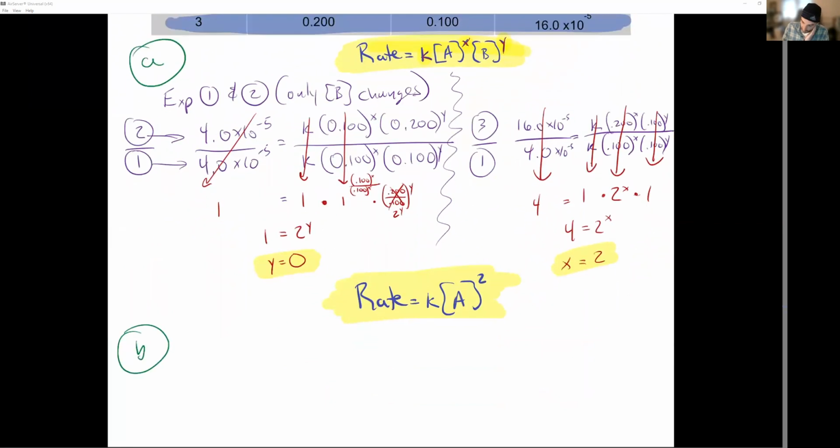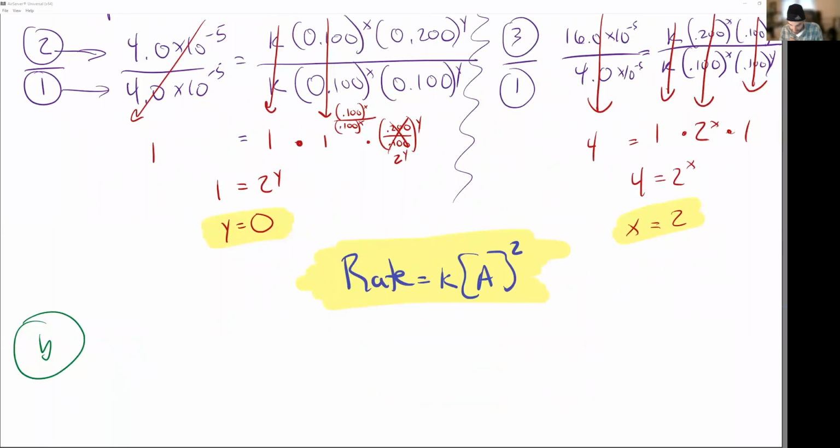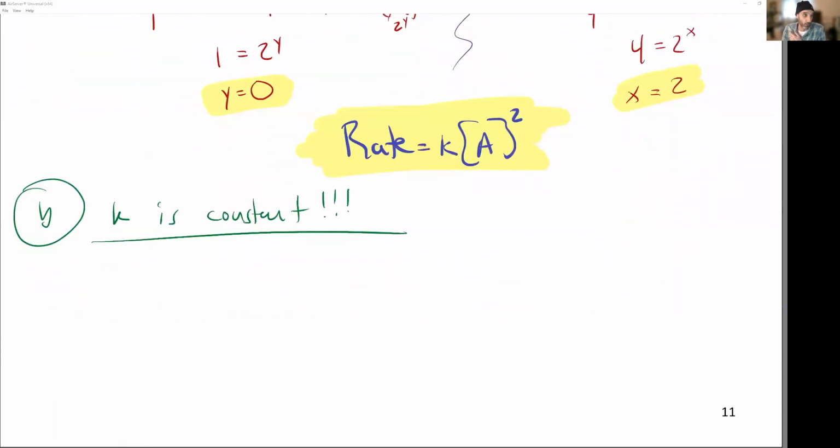Now we're going to take a look at B, in order to solve for K. K is a constant. So if K is constant, we simply say, let's just plug in anything that we want. Solving for K, my rate law is rate is equal to K concentration of A squared.